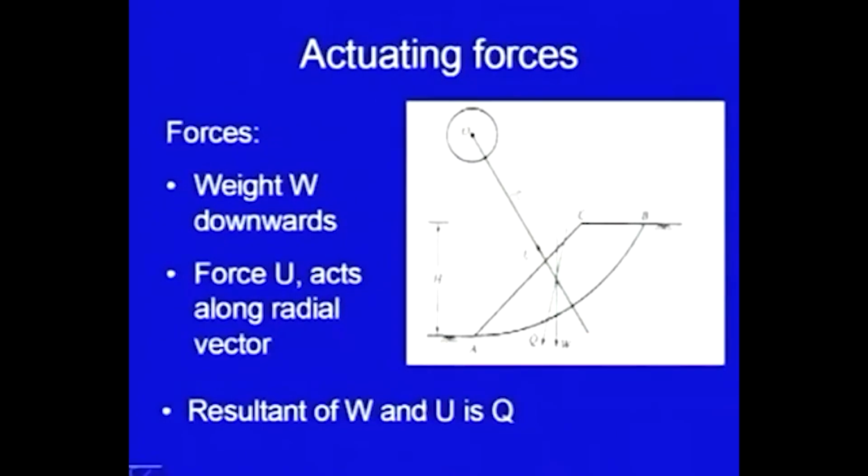So, necessarily this vector U will be passing through the center of the trial circle. So, force U acts along the radial vector. We have to find out these two forces from the geometry as well as from the flow conditions, and then let us say the resultant of W and U is Q. So, W is acting in the downward direction, U is acting in the radial direction, and here is the resultant Q.